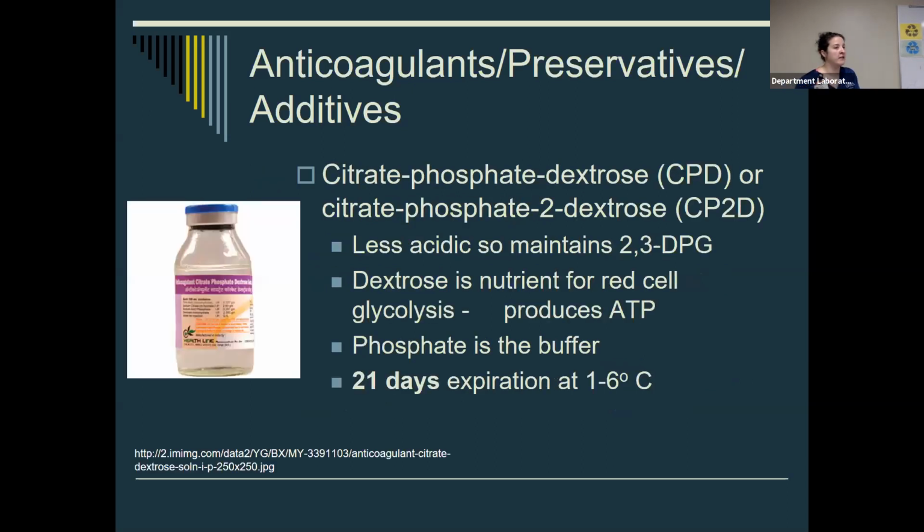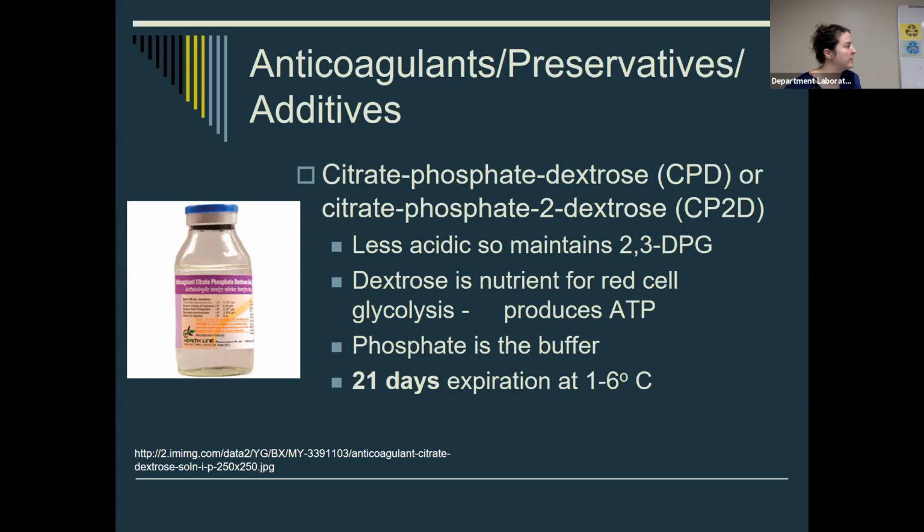So one of our anticoagulants is citrate phosphate dextrose, termed CPD, or citrate phosphate 2 dextrose, CP2D. It is less acidic, so it's going to maintain 2,3-BPG. It has dextrose, which is going to play a role in providing nutrients for the cell to regenerate ATP.